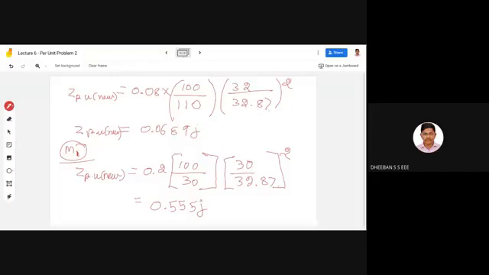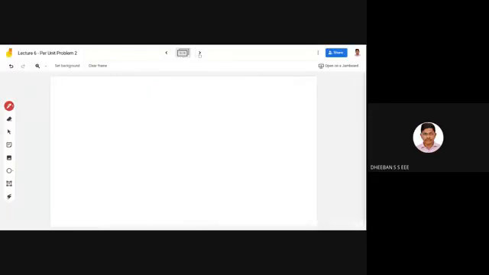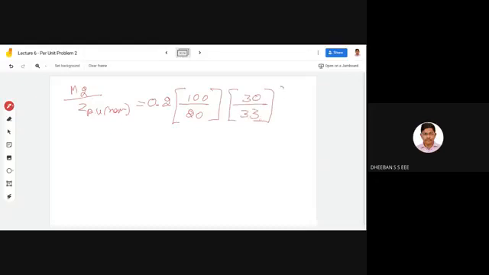Fine, it's okay. And the same goes for your M2, only the rating differs. So Z per unit new will be equal to 0.2 into 100 divided by 20, into 30 by 33 the whole square.